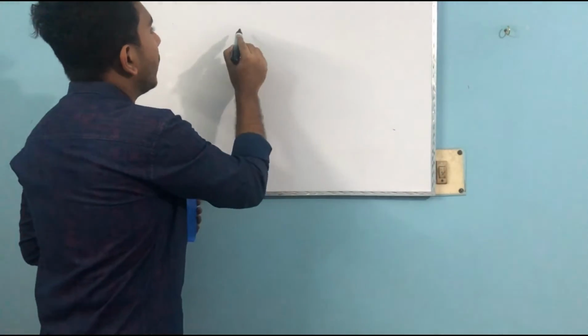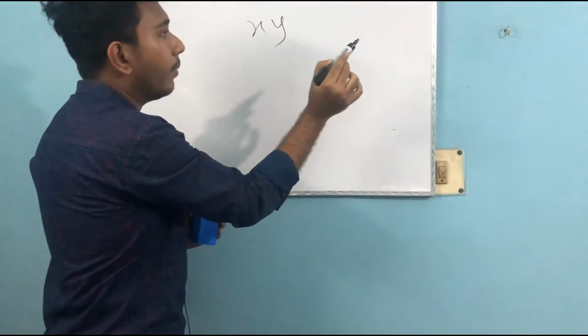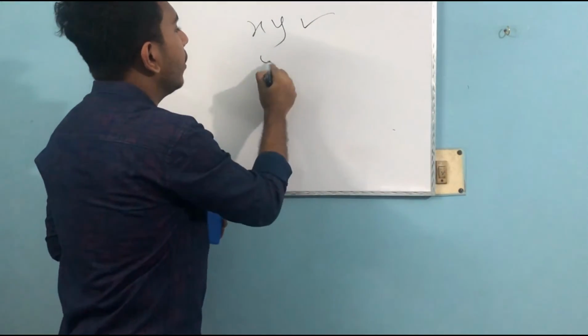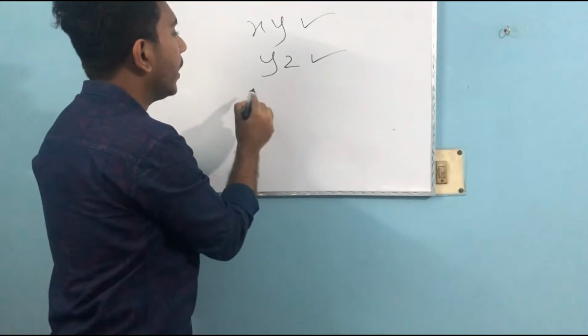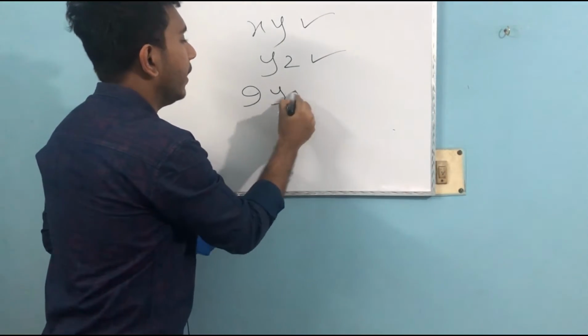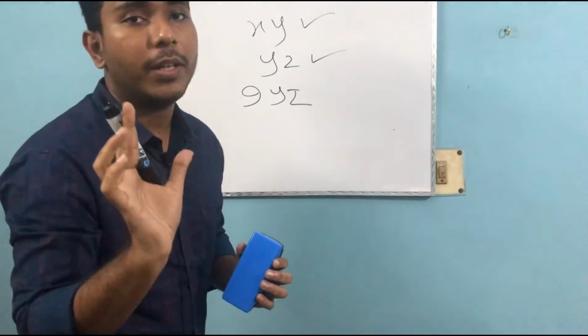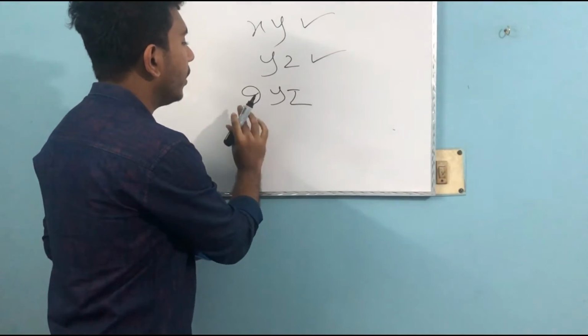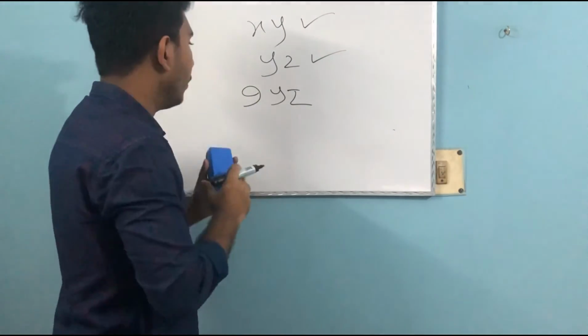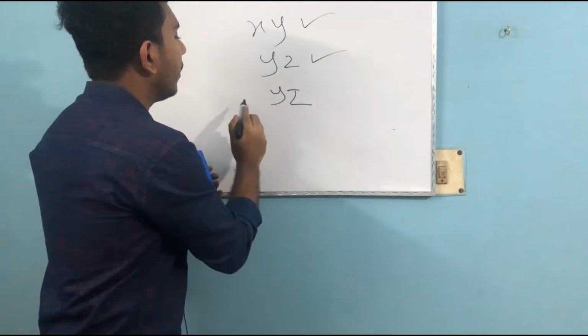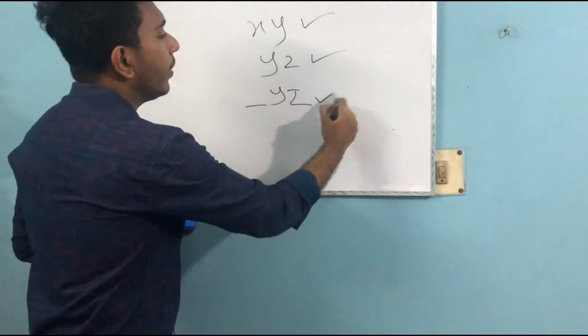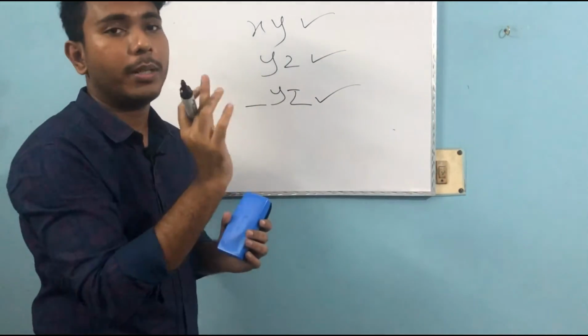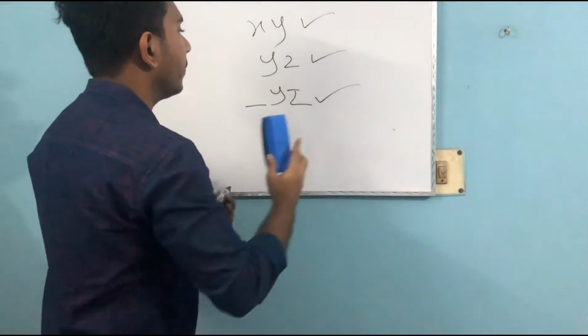That means x, y is a valid variable name. y, z is a valid variable name. 9yz is not a valid variable name because it started with a 9, which is a number. If there is an underscore, then it is valid, because an underscore can be provided here. You just understand that.